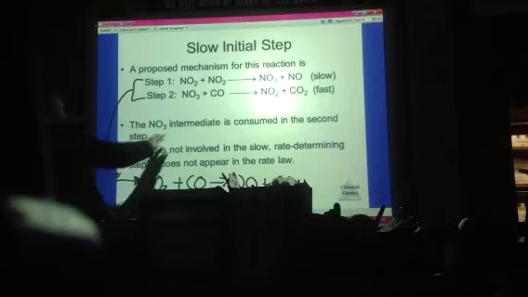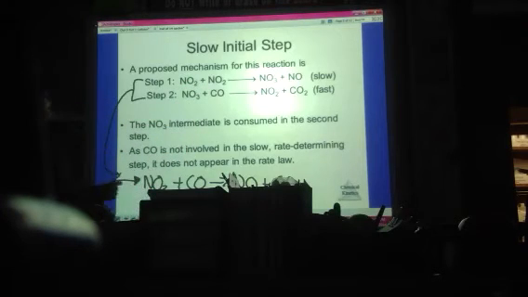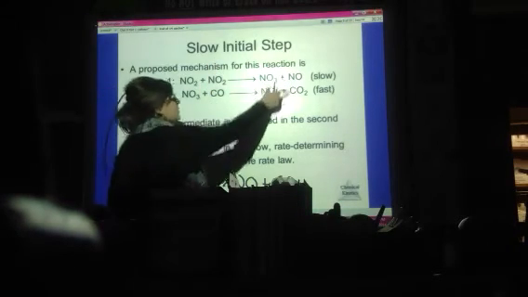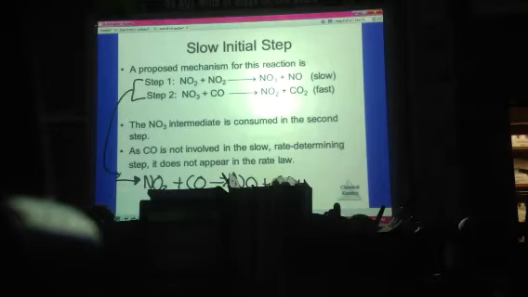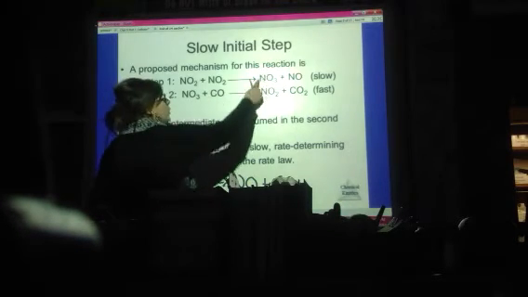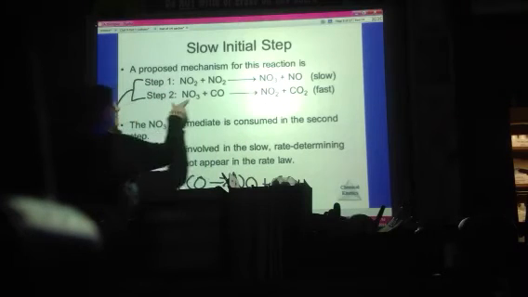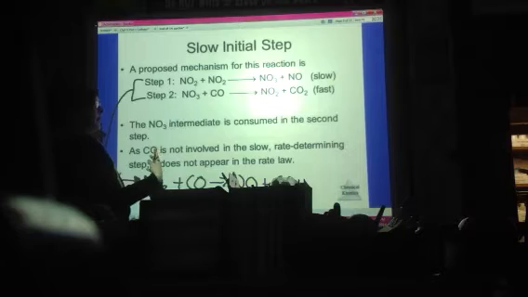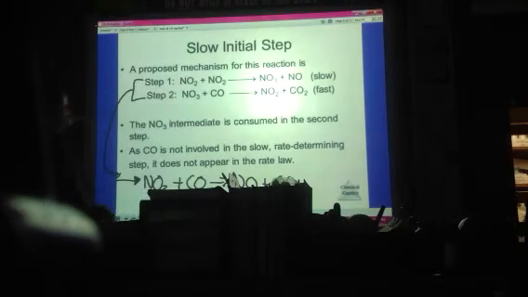In step number 1, I have 2 nitrogen dioxide molecules that collide with one another. When they overcome that activation energy, I produce NO3 and NO. But in step 2, one of the products produced in this slow step collides with carbon monoxide to produce nitrogen dioxide and carbon dioxide.